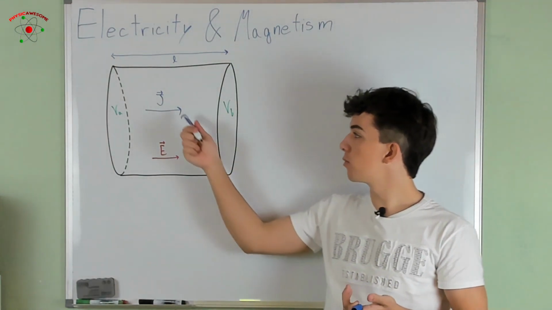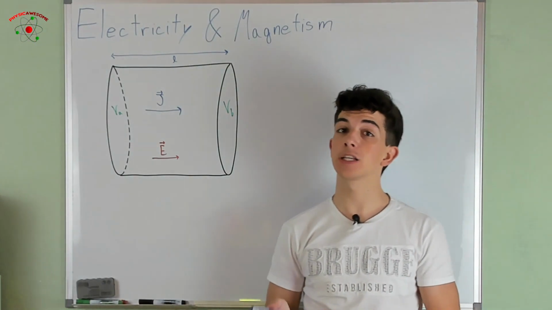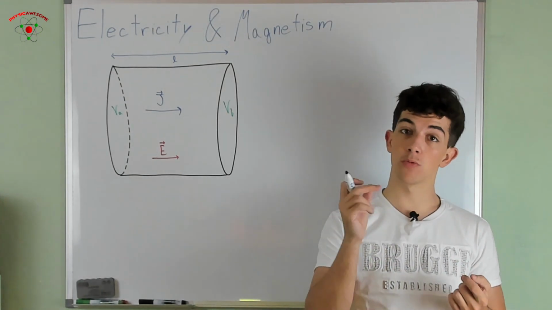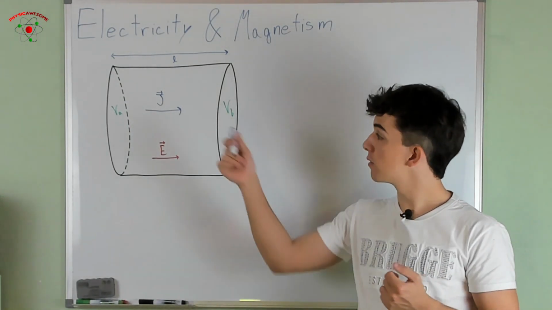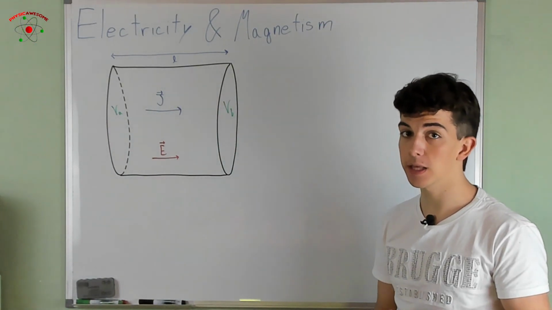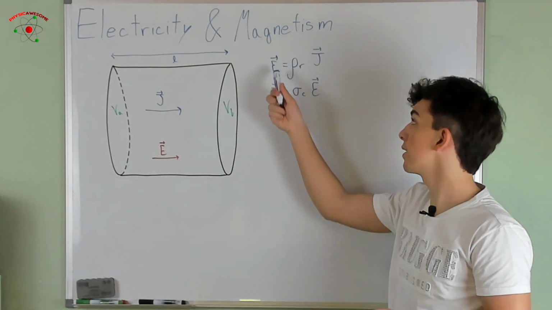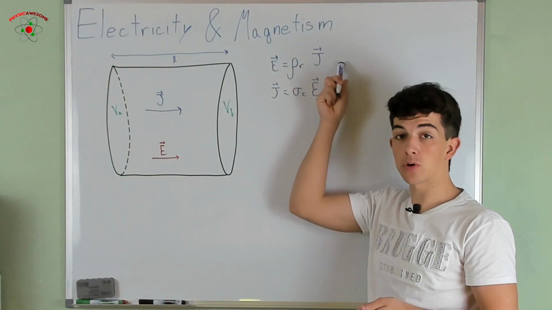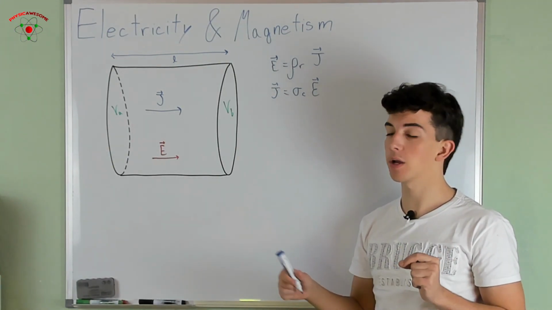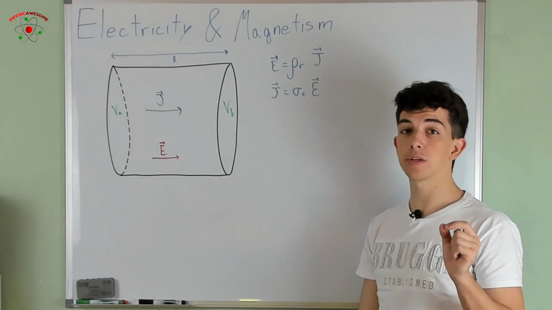Then we know that these two variables must be related. And in fact, experimentally, we can determine some coefficients called resistivity and conductivity, for which each material relates these two quantities. Specifically, the electric field is proportional to the current density by this constant called the resistivity of the material, and the other way around, we call this constant the conductivity of the material.